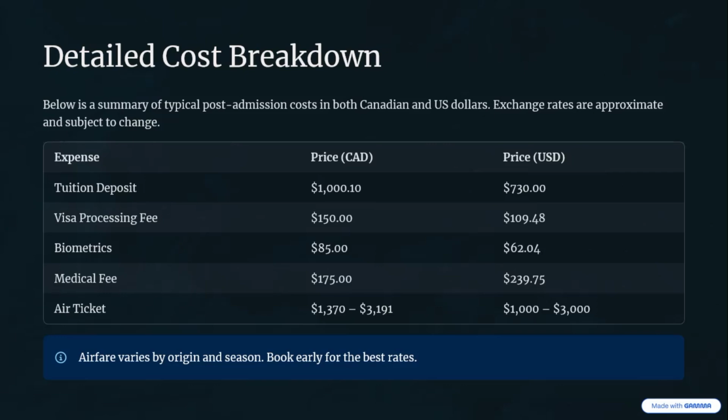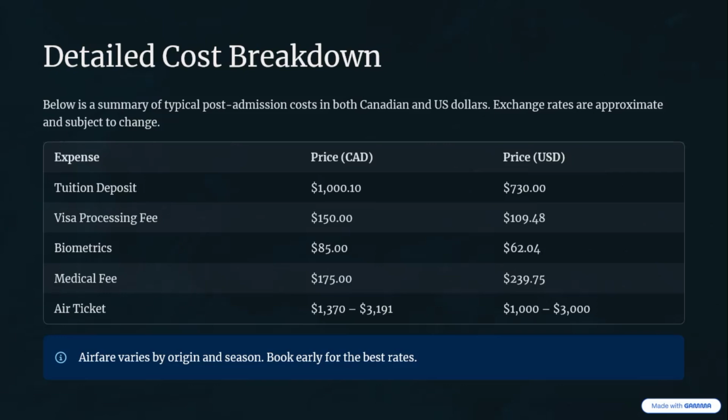So this cost is going to be from 1,000 Canadian dollars to 3,000 Canadian dollars, subject to exchange rates, as with the subsequent things we talk about. Visa processing fee as well. Once you get your offer letter, all you have to do is go through the official IRCC account and start your application.